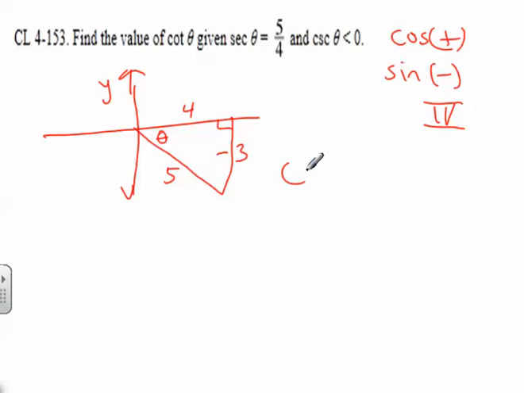So cotangent is defined then as the reciprocal of tangent, which would be, instead of 3/4, it would be 4/3, and that's a -3, so -4/3 is the result.